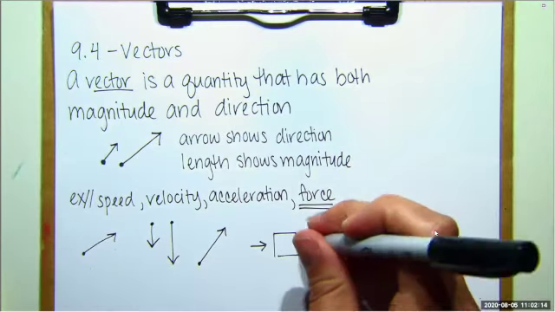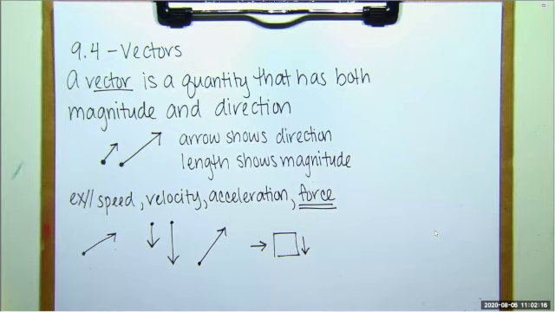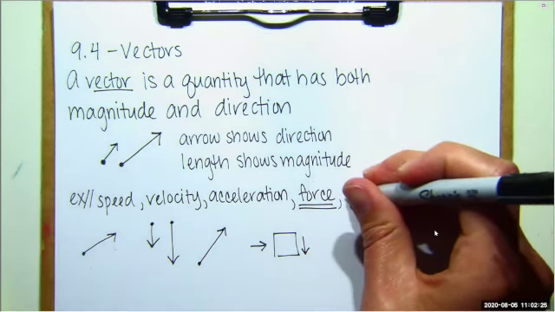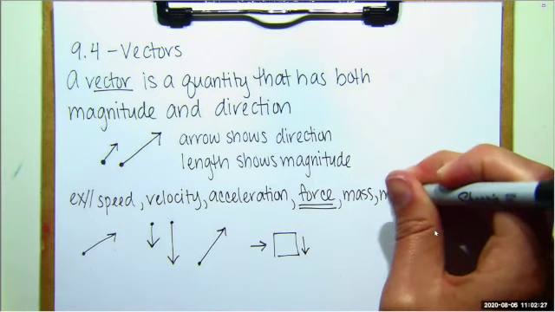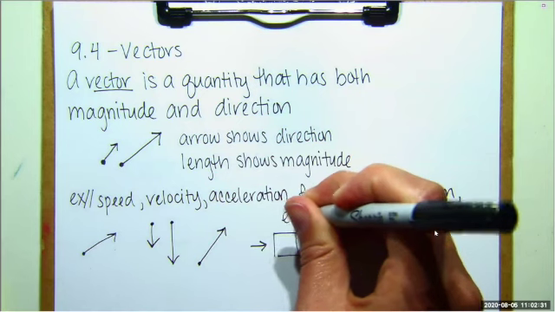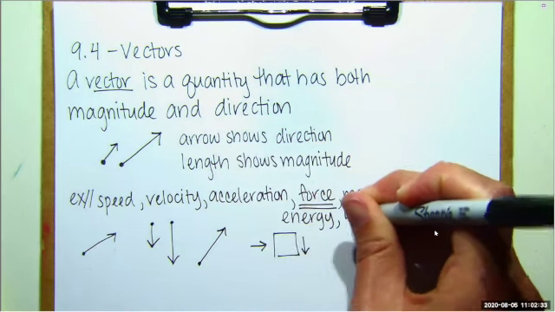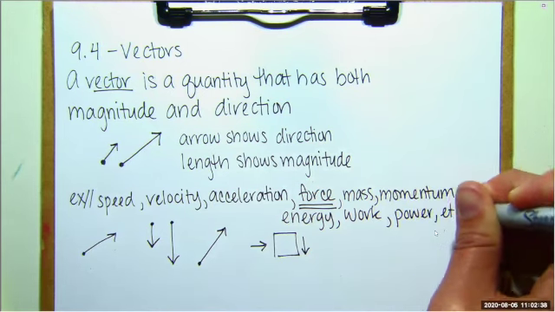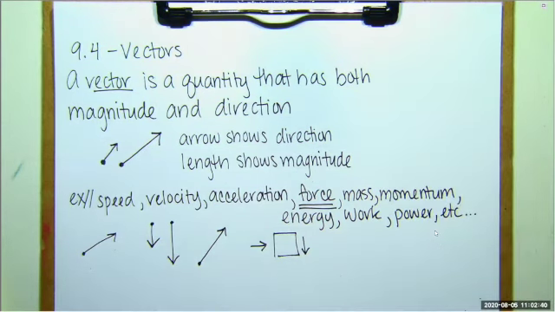Yeah, so gravity acts downward, 9.8 meters per second squared, something like that. All these other things can be represented: mass, momentum, energy, work, power, et cetera, et cetera. Tons of things in our real world can actually be represented by a vector.